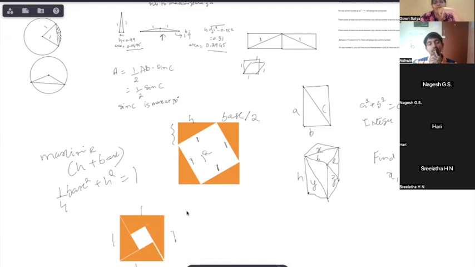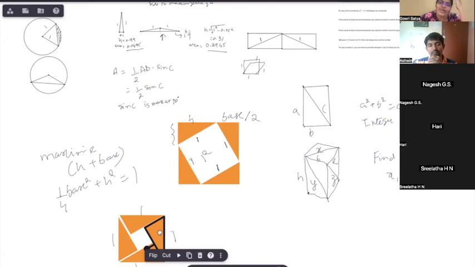Height minus base by 2 should be as small as possible, and essentially they should be the same. As small as possible: the smallest it can be is 0, which means height must be equal to base by 2. Wow, what an idea.